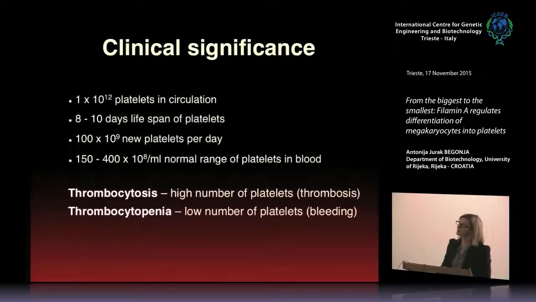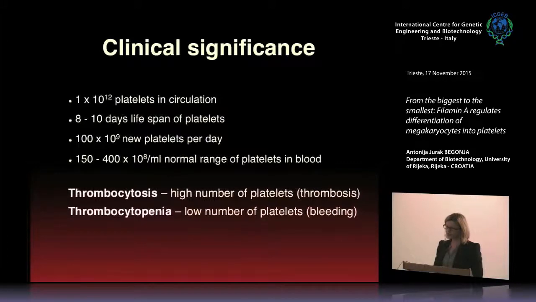Some clinical facts. In our circulation, there are about 10 to the 12 platelets. Their lifespan is 8 to 10 days, so quite short, let's say. In mice, it's even shorter, about 5 to 6 days. And every day, our body produces 100 billion new platelets, which is quite a big task to maintain the normal range of platelets in blood, between 150 and 400 times 10 to the 8 per milliliter.